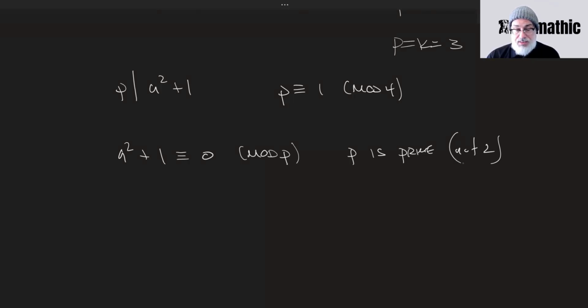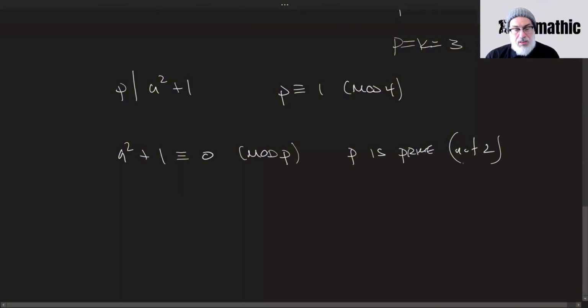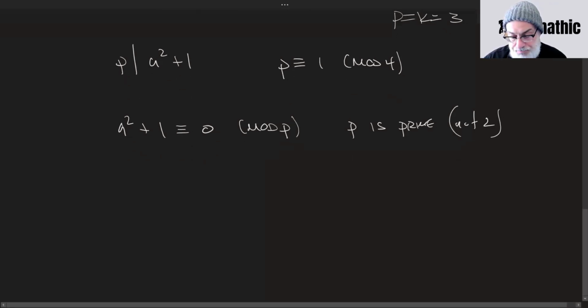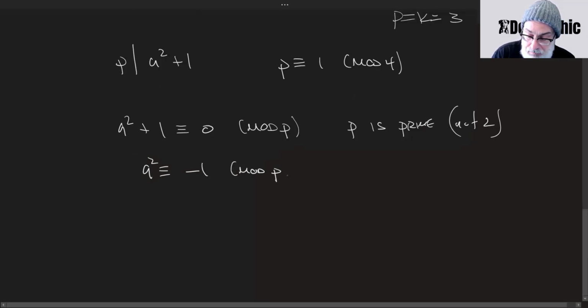Prime mods are nice. They behave well. Everybody likes a good prime mod. Well, a squared is congruent to -1 mod p. Of course, p is congruent to 0 mod p.